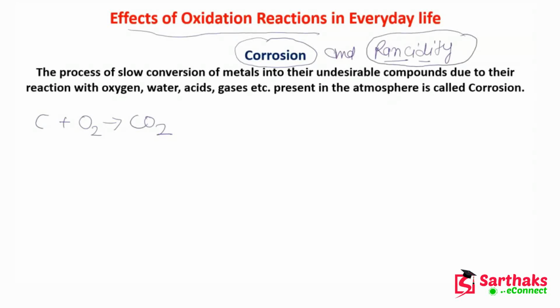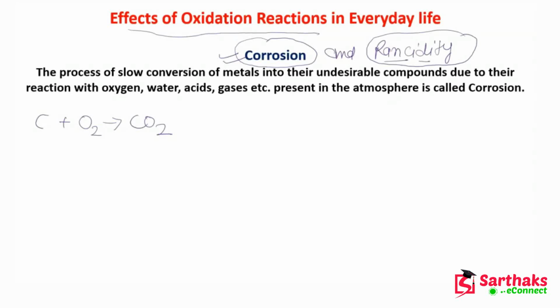We will first study about corrosion. The process of slow conversion of metals into their undesirable compounds due to their reaction with oxygen, water, acid, gases, etc. present in the atmosphere is called corrosion.